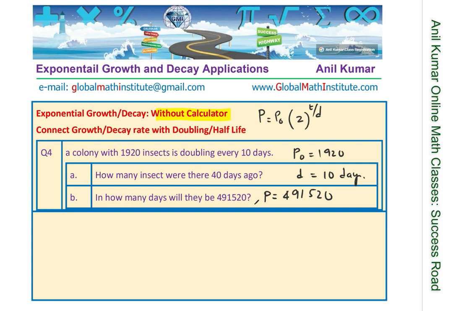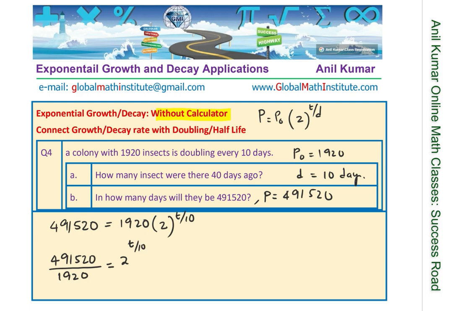So we have 491520 equals the initial population of 1920 times 2 to the power of t, which we need to figure out, over the doubling time of 10 days. So we can write this as 491520 divided by 1920 equals 2 to the power of t over 10.